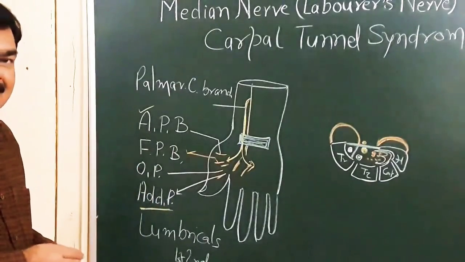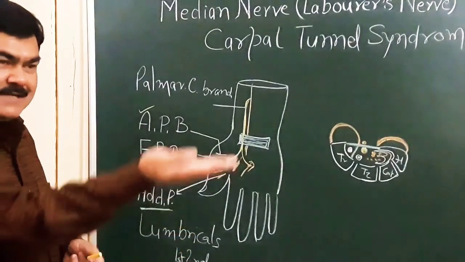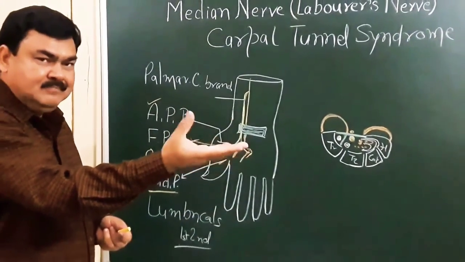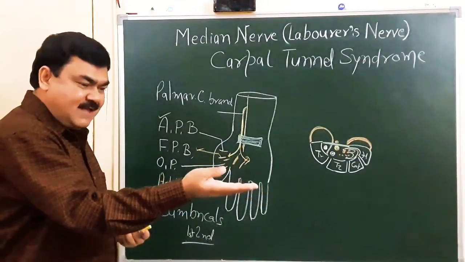So the patient cannot perform abduction. This is adduction, this is abduction. The patient cannot abduct the thumb. There is loss of opposition and partial loss of flexion.